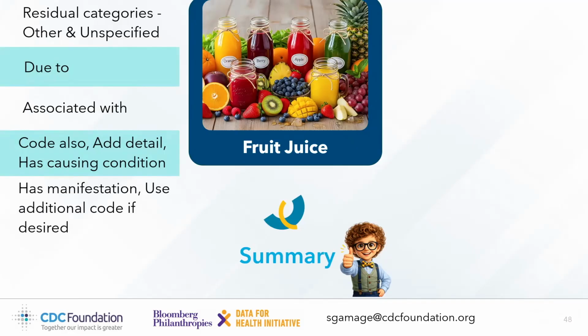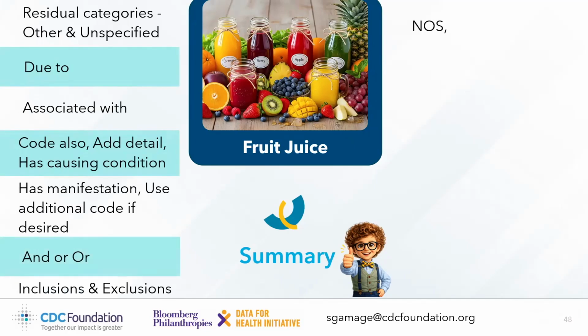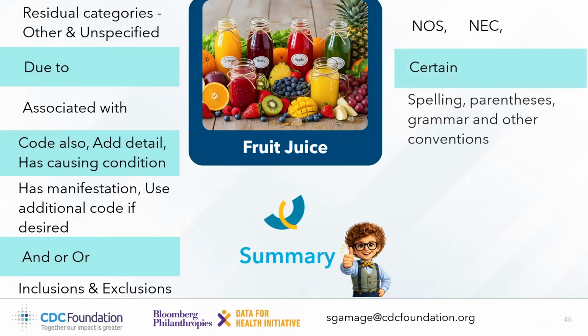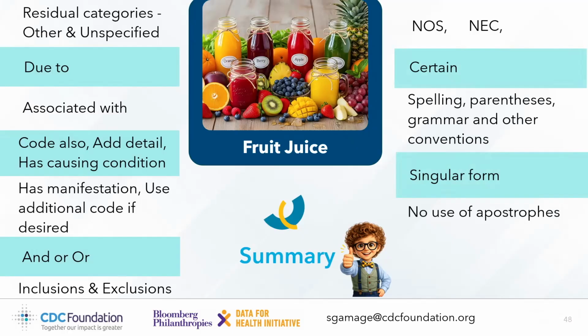Then as manifestation, use additional code if desired, which are optional to use, and OR. Then NOS and NEC, standing for not otherwise specified and not elsewhere classified. The convention certain, then spelling, parentheses, grammar, and other conventions, singular form, and then we mentioned no use of apostrophes and the use of abbreviations and parentheses.